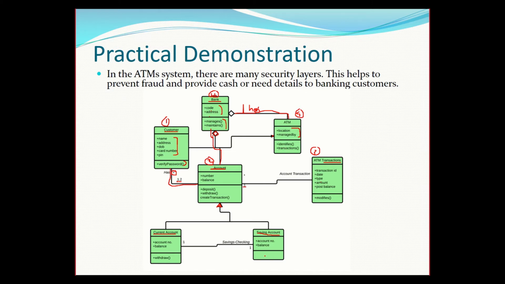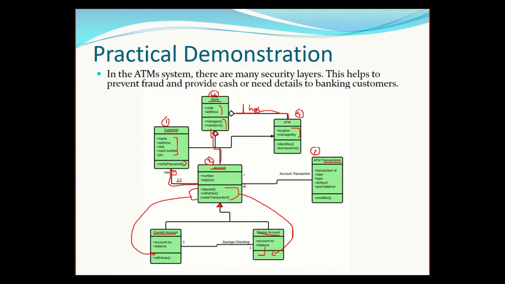You can see here the saving account has no functions. It inherits all the functions from the account, and the same for the current account, which inherits all the functions from the other account.